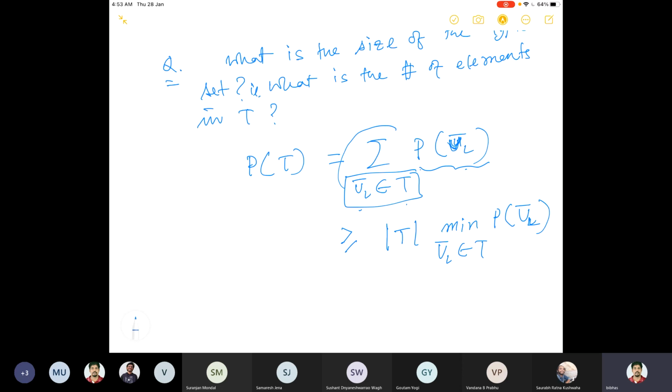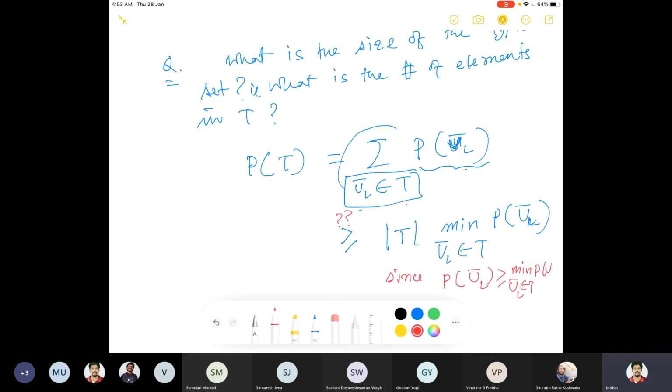So this is always equal to this. Is there any doubt about it? This follows from the fact, since the probability of U^L bar is bigger or equal to the minimum of the probability of U^L bar.